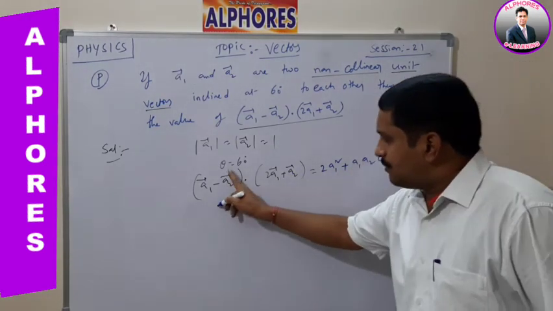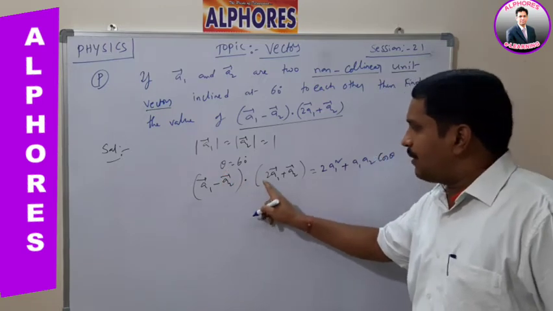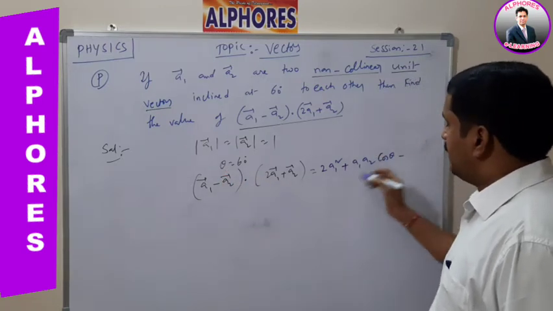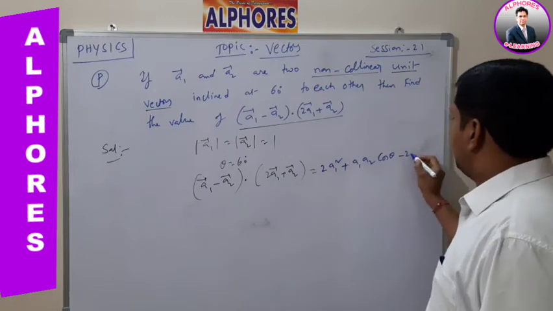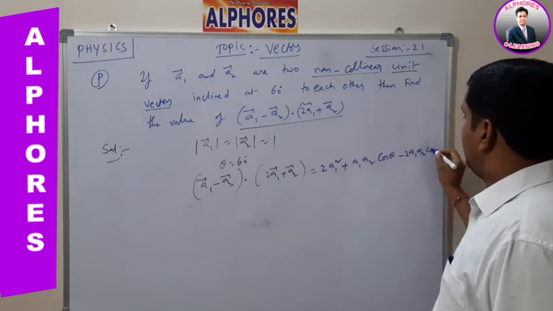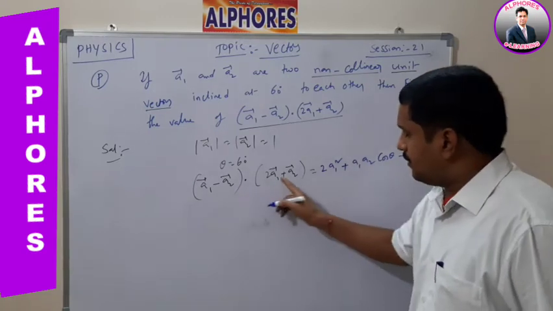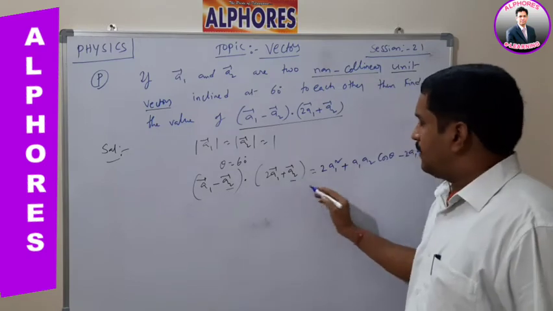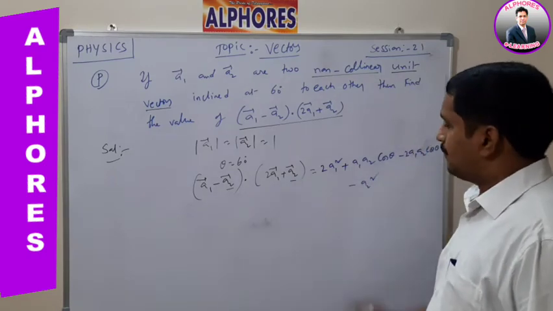Then minus A2 bar multiplied with this factor gives minus 2 A1 A2 cos theta, and then minus A2 square.